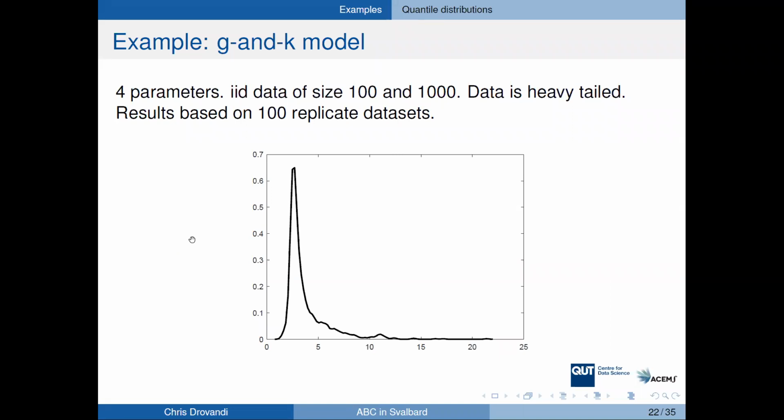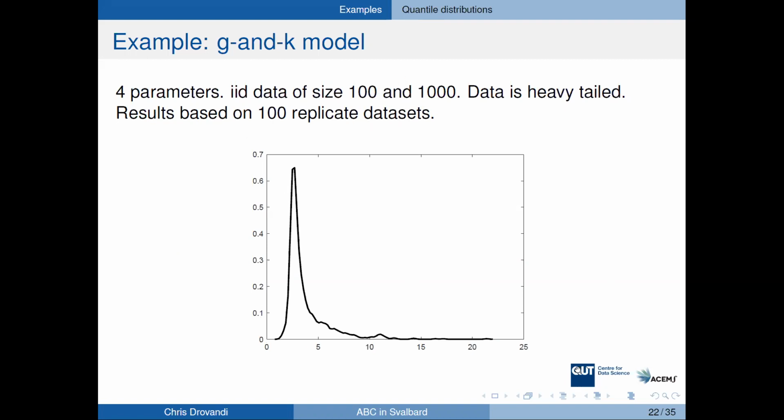Okay, so here are the different examples. I'm not going to have time to go through all of the details, I'm just going to talk about particular features of these examples. The first one is the G and K, and anyone familiar with ABC probably knows this example quite well. It has 4 parameters, and we look at data sets of size 100 and 1,000.